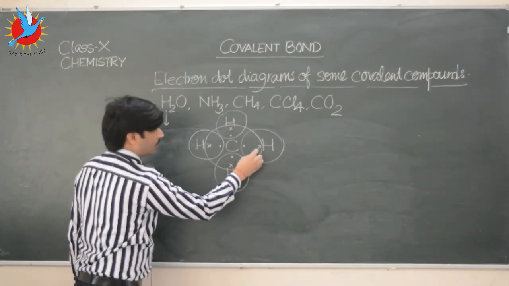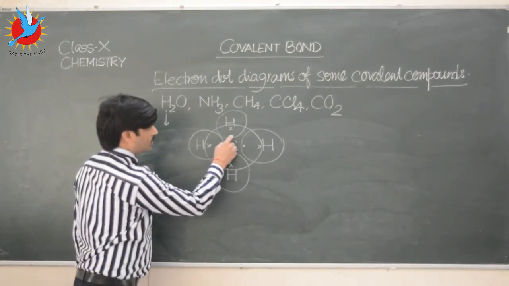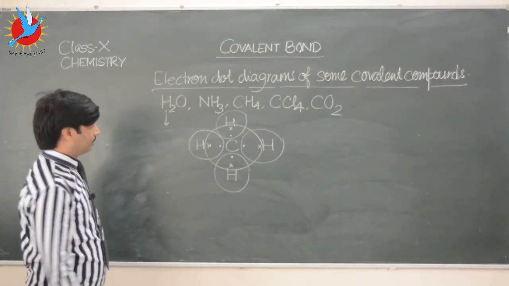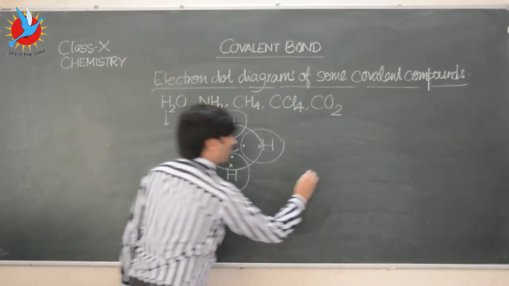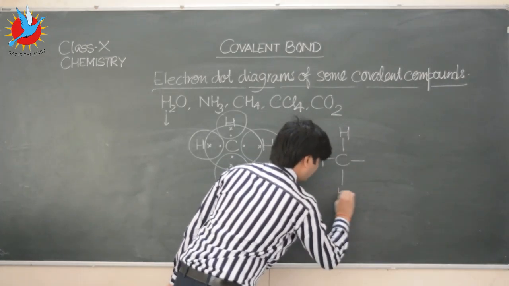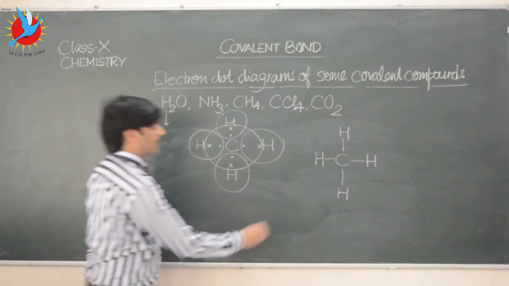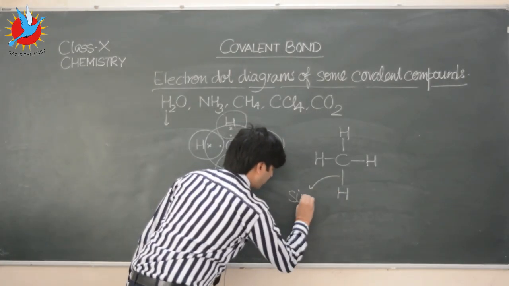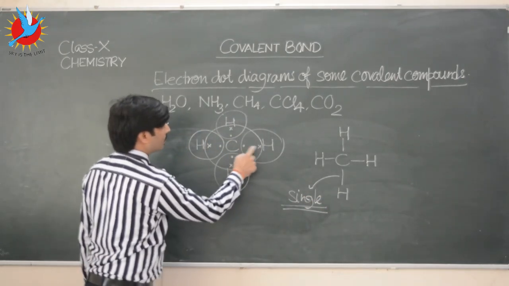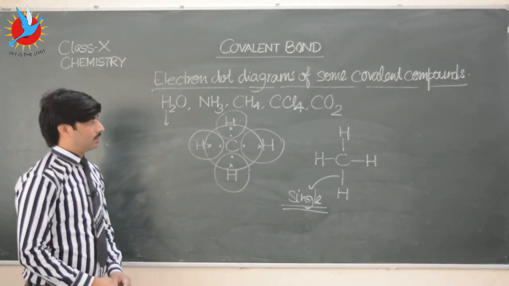And here the cross represents the electrons of hydrogen, and the dot or circle represents the electrons of carbon atom, and the single covalent bond is formed between carbon and 4 hydrogen atoms. So single covalent bond. And here we have only bond pairs, no lone pair is present in this molecule.